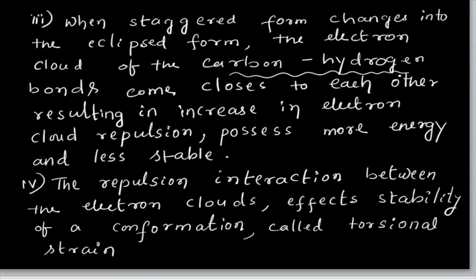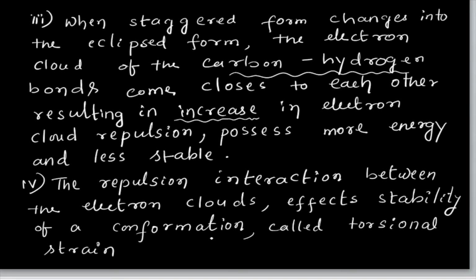The electron cloud repulsion is more. Because the electron clouds are close to each other, the electron cloud repulsion is more. If it is more, then the molecule possesses more energy and is less stable.